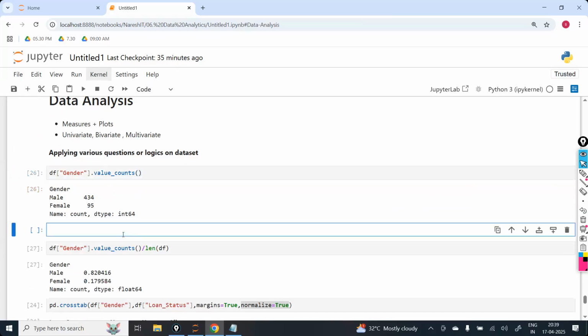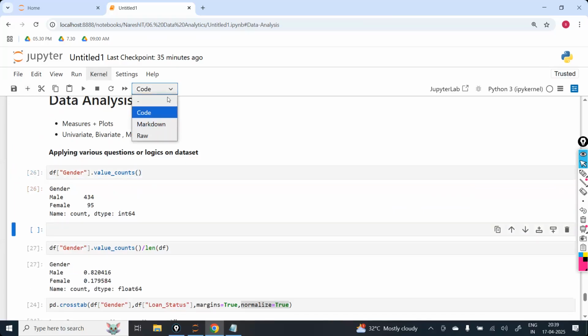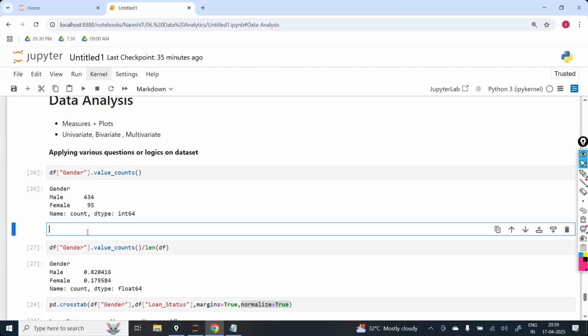That point you have to write in the markdown for me, inside the Jupyter notebook. For every cell, whatever you have observed, I want in the markdown. Every cell markdown is required. If you have not written the markdown, I will not consider that point. Tomorrow I'm going to check.